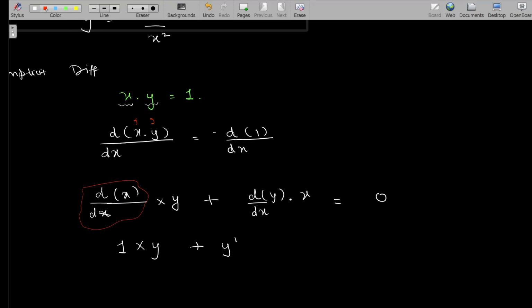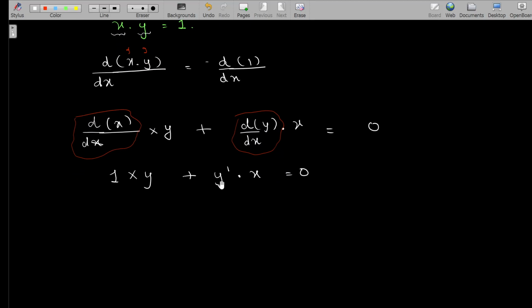This is nothing but y prime, and this is what we have to find out. So y prime times x is equal to 0, and now just isolate y prime. See, this is y plus y prime x is equal to 0.